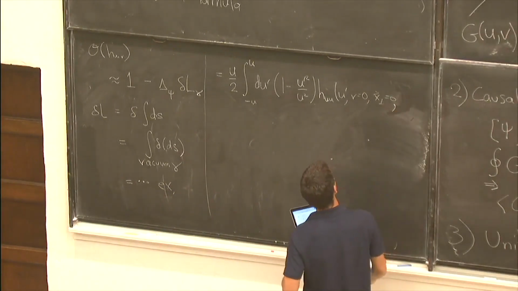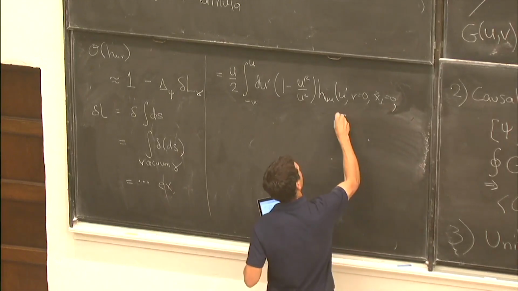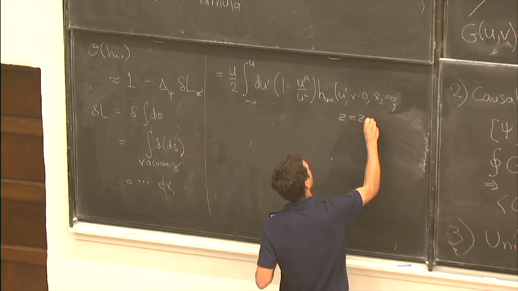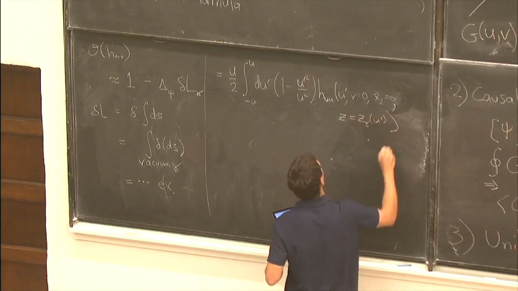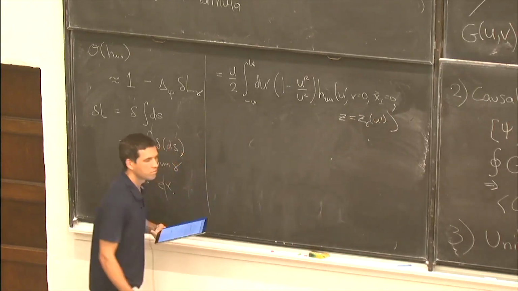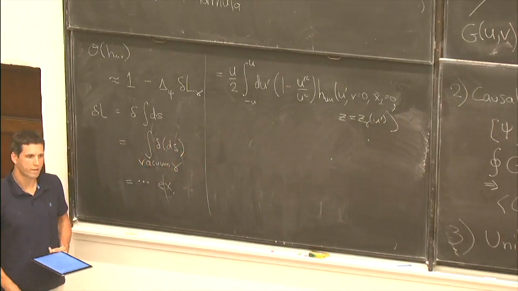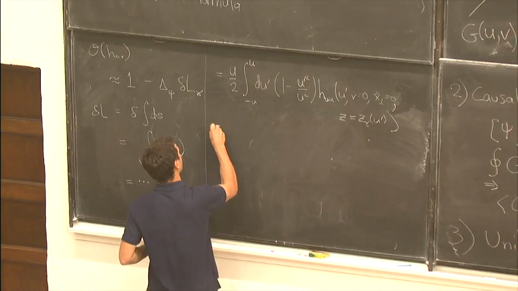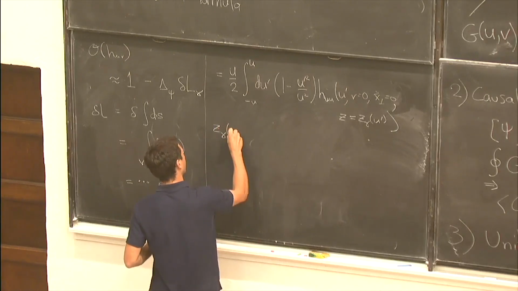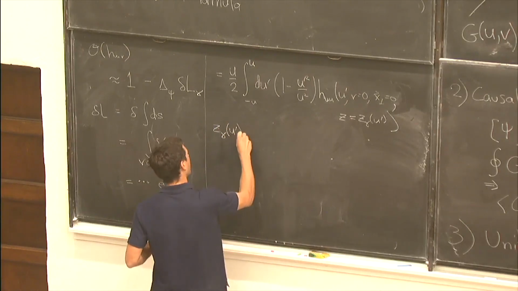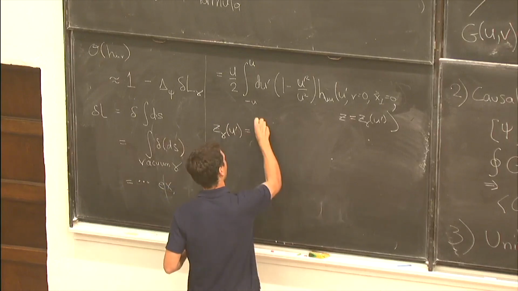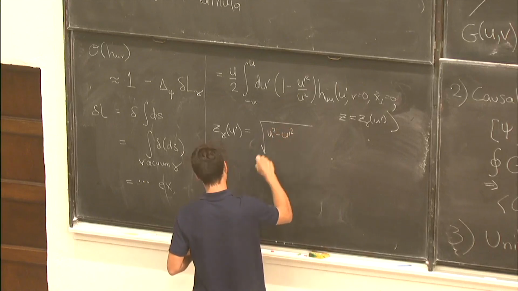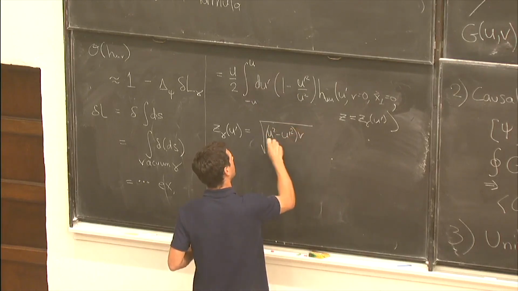This is the integral of the bulk metric perturbation, integrated over the vacuum geodesic, which from solving the vacuum geodesic equation has a radial profile z gamma of u prime equal to square root of u squared minus u prime squared, times v over u.